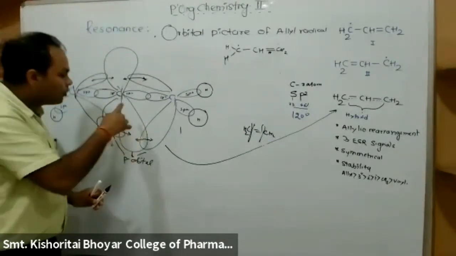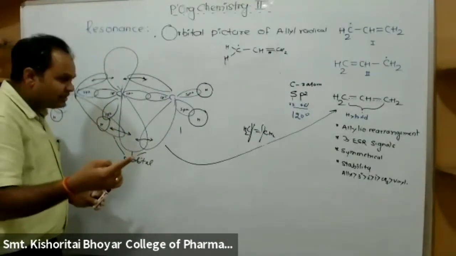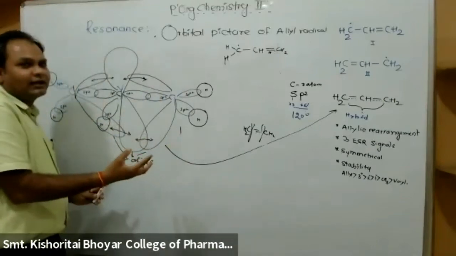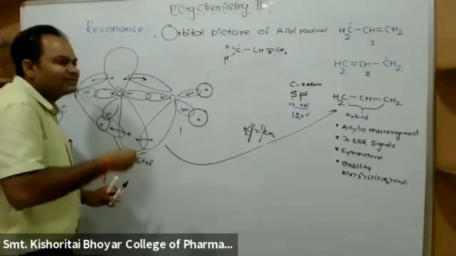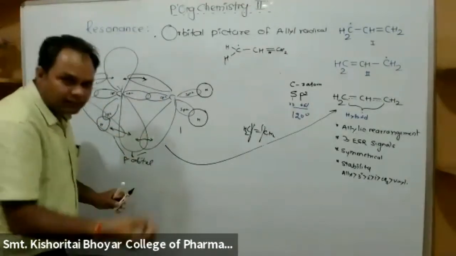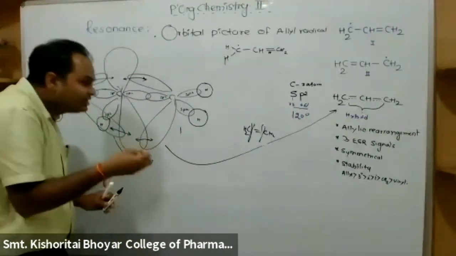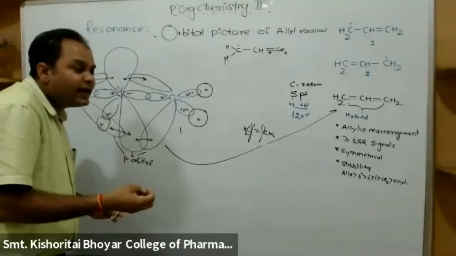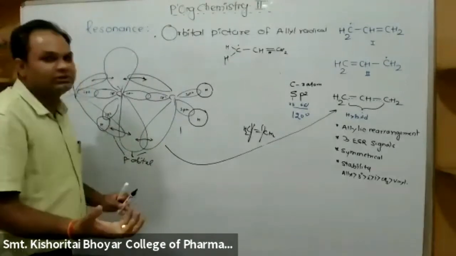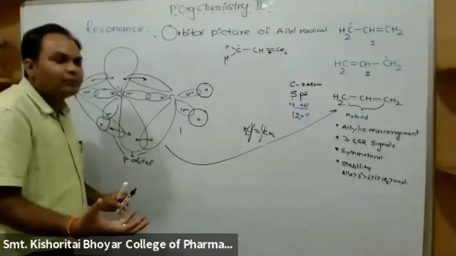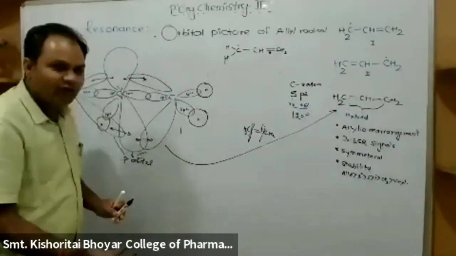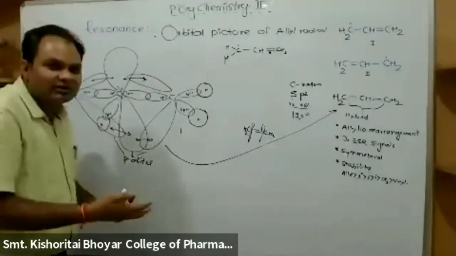Yes, clear? More stable one, which has less energy, and this delocalization of electron causes the stability of the molecule, due to the delocalization energy. Delocalization energy is nowadays called resonance energy. So why is the molecule stable? Due to the resonance energy. Why is the molecule stable due to the resonance energy?